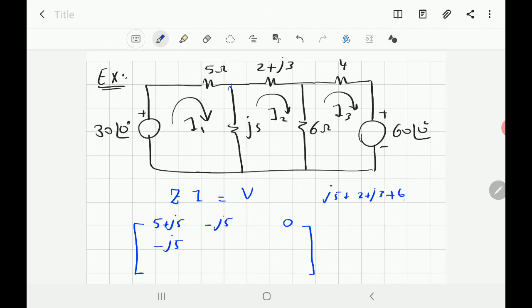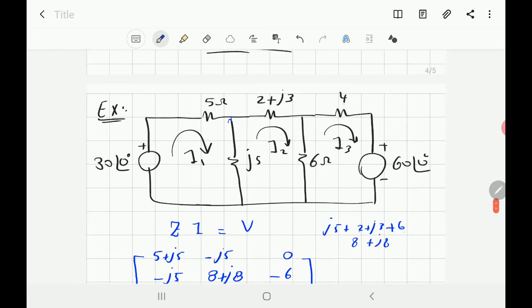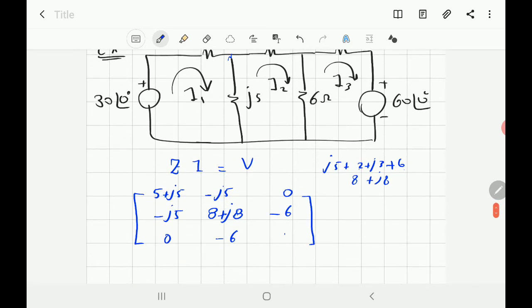So 2 and 6 is equal 8, J3 and J5 is equal J8, so the value here is 8 plus J8. You found now Z22. Z23, between 2 and 3, it's 6 ohm, you just put minus 6. Here Z31 is 0 and Z32 is minus 6. Z33, you got 4 ohm here and 6 ohm, so the total is equal 10.